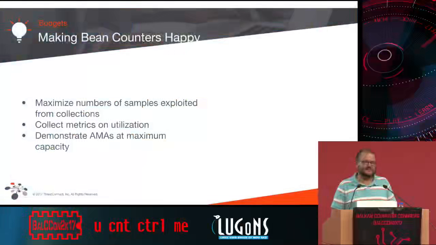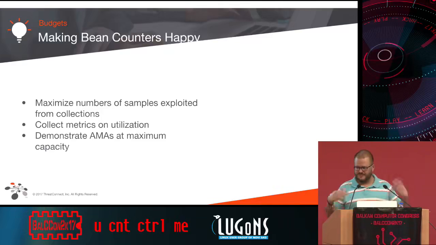Another thing is that when you have your entire process nice and efficient, you can make your bean counters, the people that control your budget, happy. If you maintain this process and take metrics on it, you can demonstrate that you're using your resources at their maximum level.